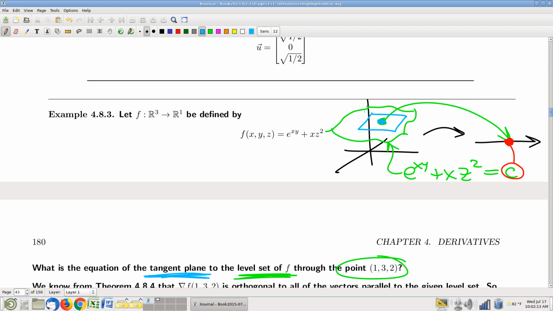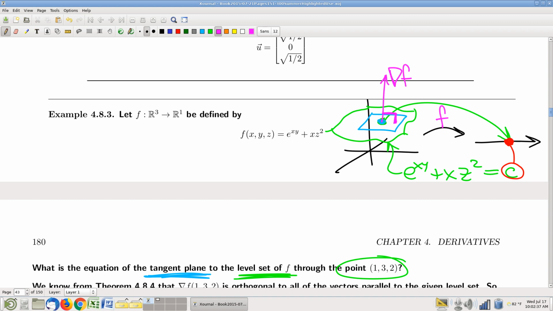Okay, so what we're going to do is argue as follows. I know that the gradient of this function f is perpendicular to the surface. Well, if the gradient is perpendicular to the surface, then the gradient is also perpendicular to the tangent plane.